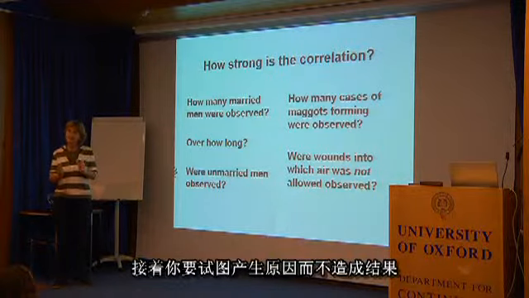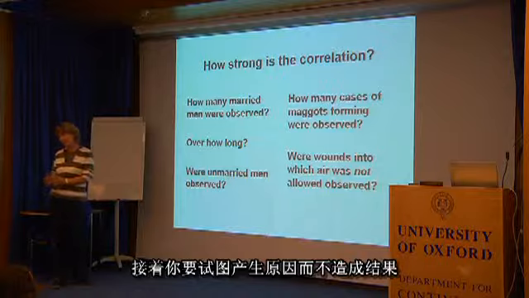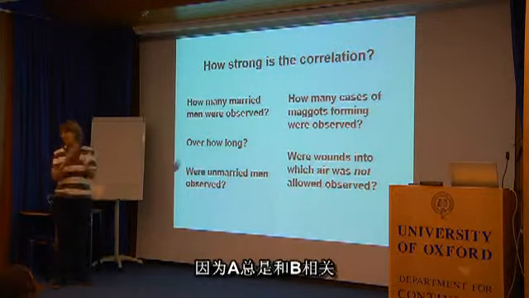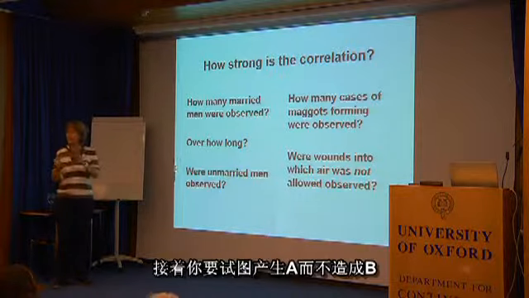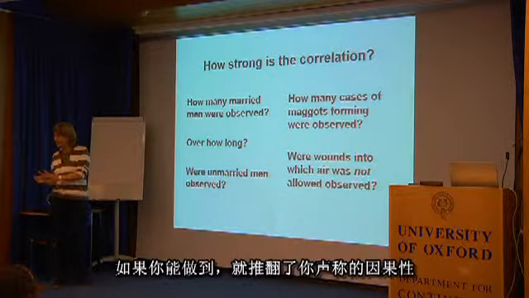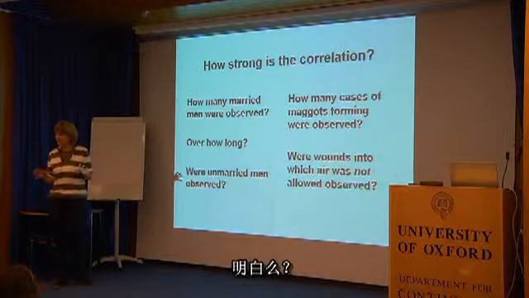The next thing you need to do is to try and bring about the cause without the effect. Because if you're saying that A's cause B because all A's are always correlated with B, then you try and bring about an A without a B, because if you can do that, you've disproved your claim about causation. See what I mean?